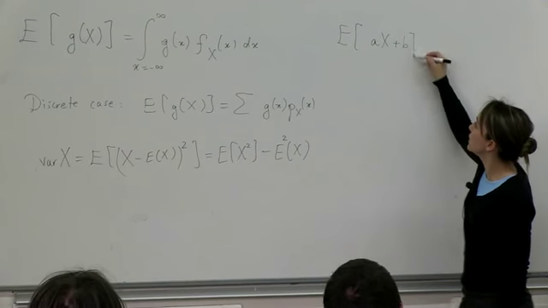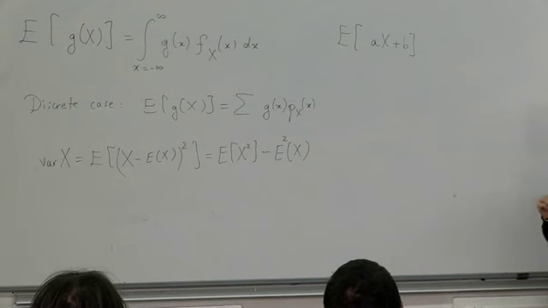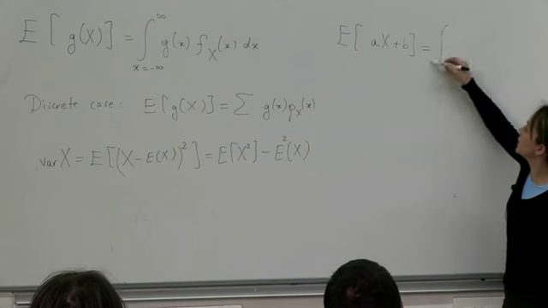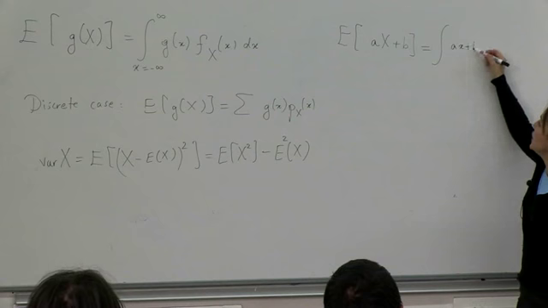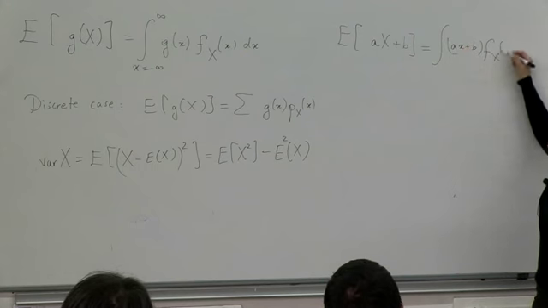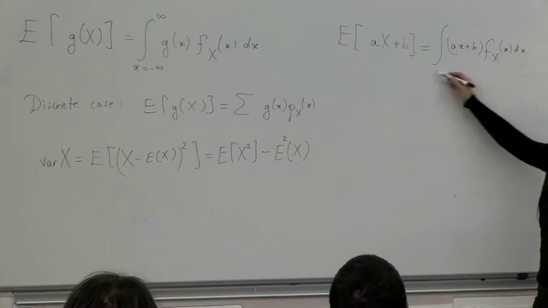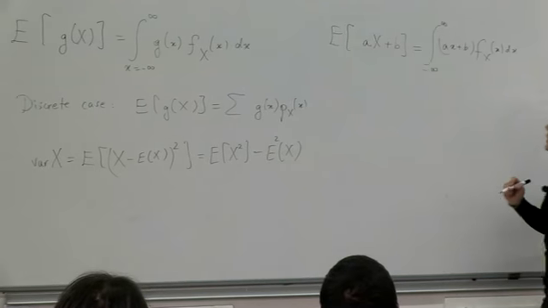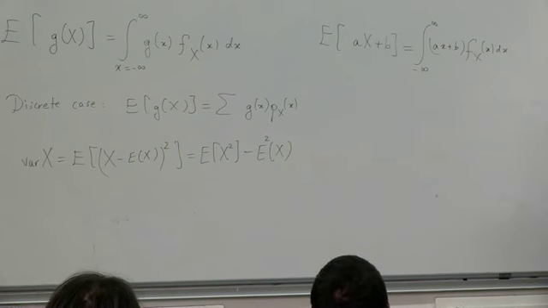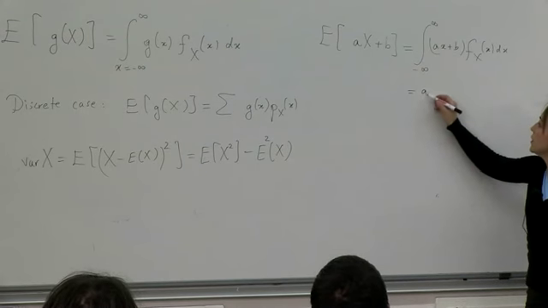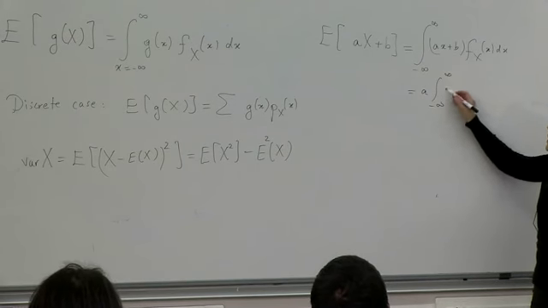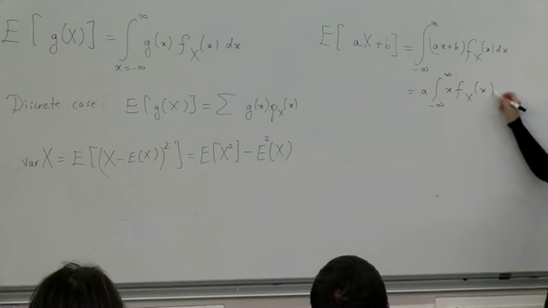What is this? This is the integral of (ax plus b) f_X(x) dx from negative to positive infinity. But integration is linear. Therefore, this integral breaks down into this summation.